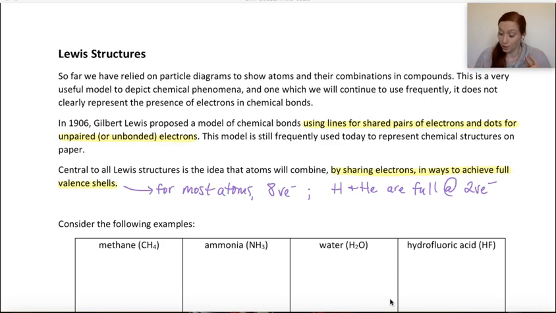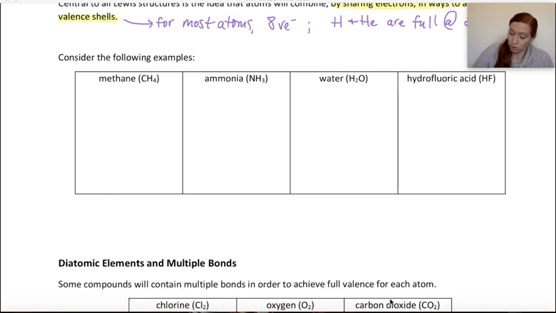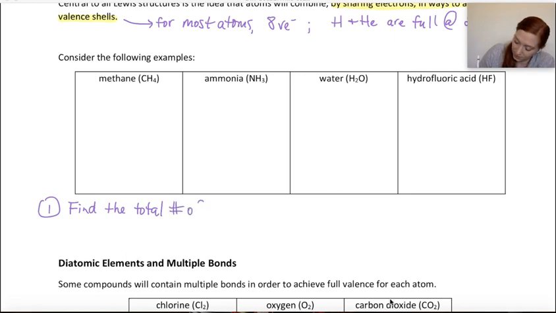So we're just going to dive right in and look at some examples of how to draw Lewis structures. When we draw Lewis structures, the first thing we want to do is find the total number of valence electrons.